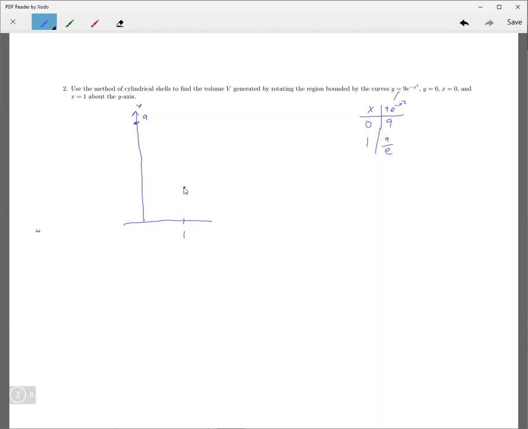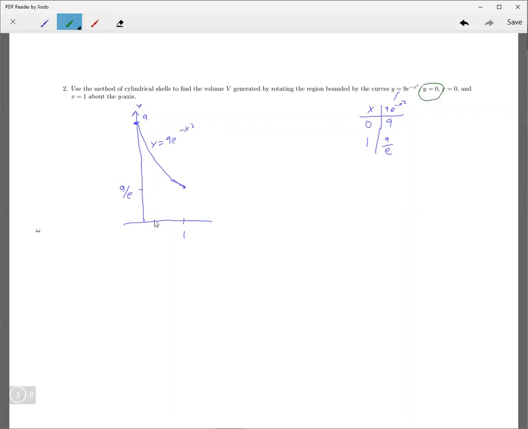I'm not going to try to figure out the exact value, but we'll just say it's right there, 9 over e. And we'll roughly sketch that coming down like this. So that's y equals 9 e to the negative x squared.